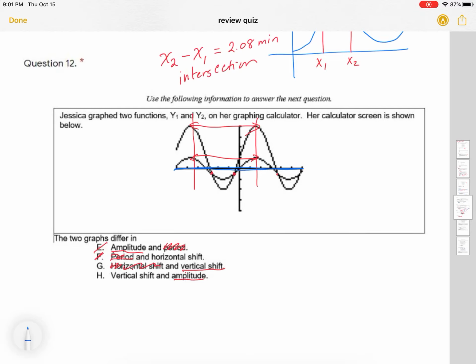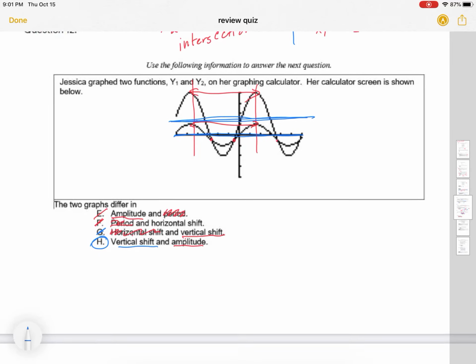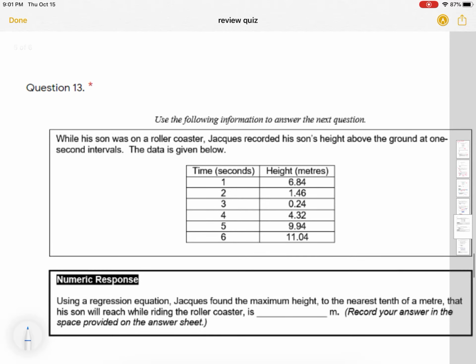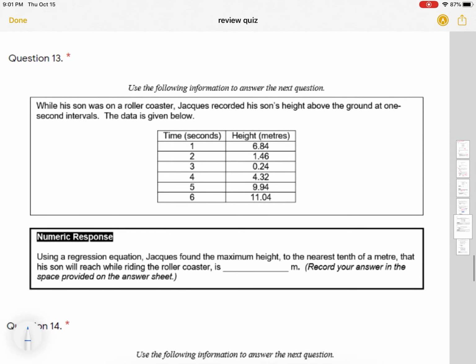The lower one is right along the 0, but for the upper one, the midline is closer to here. So there is vertical shift. So that means that H is our only acceptable answer because we have vertical shift and amplitude that have differences. Okay.